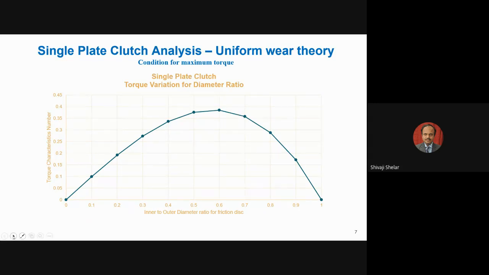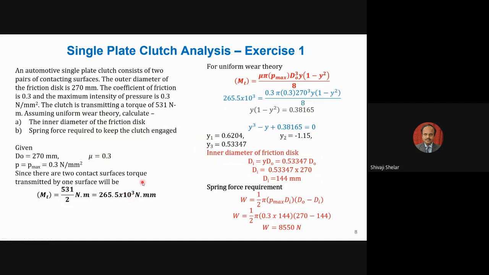So that is the reason. Both the values are very close to 0.577, but if you select the higher value and there is wear happening, there is a chance in future your torque carrying capacity will decrease. But with this y3 value, with respect to the wear, initially your torque carrying capacity will increase.